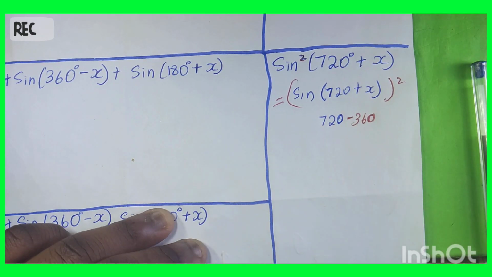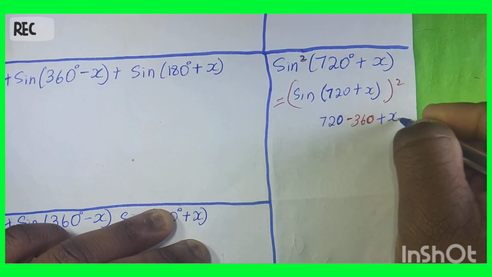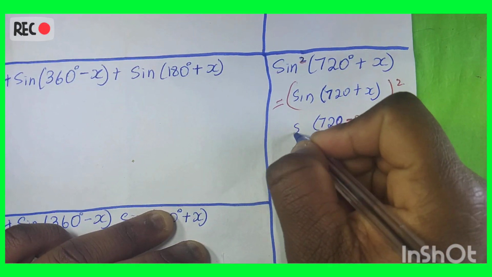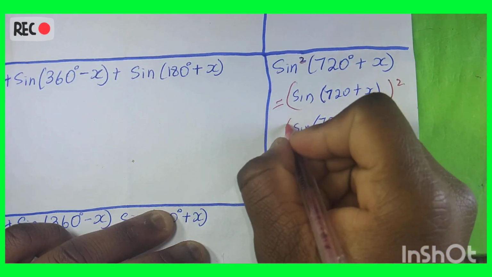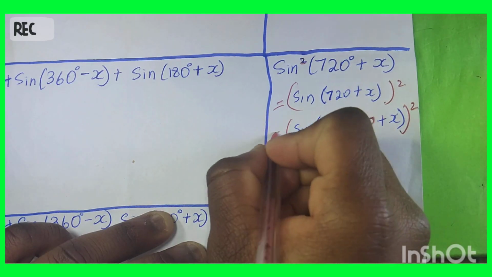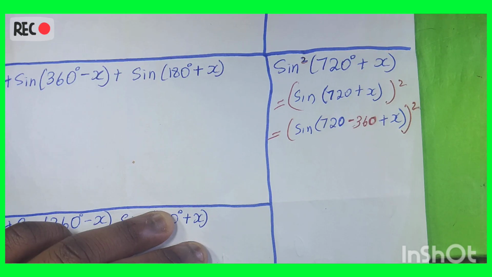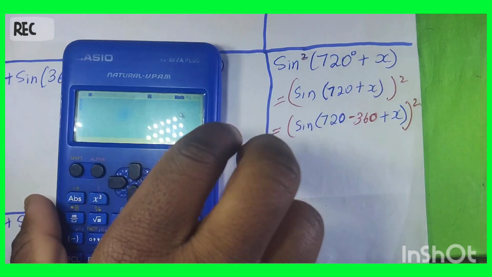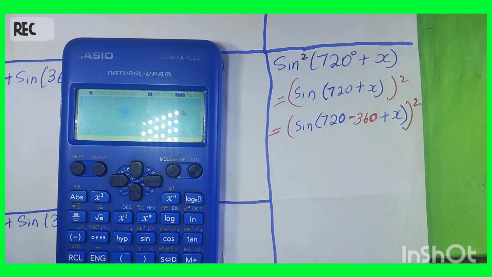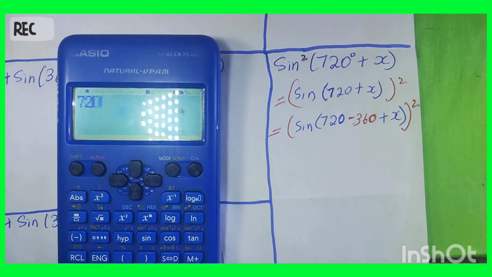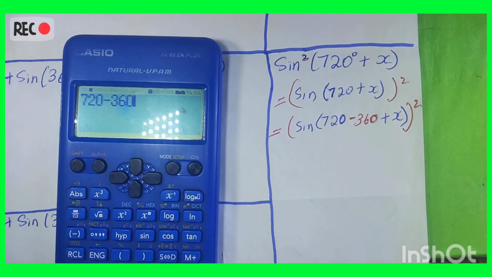You separate it like that, x, and this is still inside a bracket, and we have that exponent 2 there. By separating this thing by 360, let me just use my calculator for that one, just 70 minus 360.